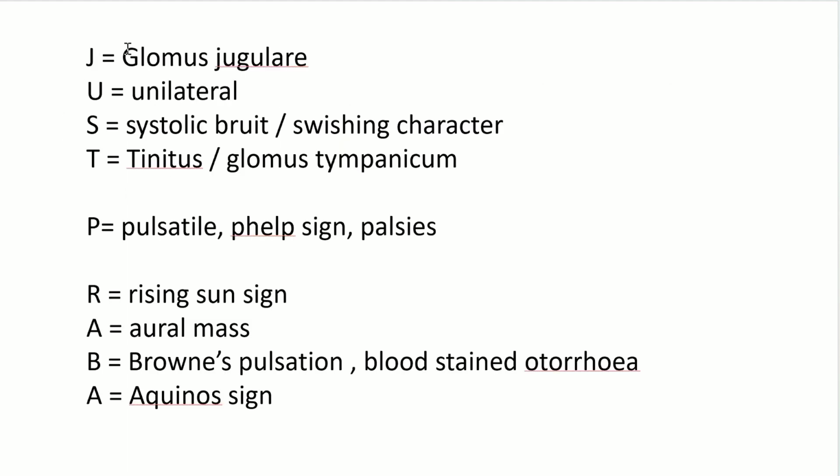Now from here we will learn about the glomus tumor. The J of "just" stands for glomus jugulare. The glomus tumor has two types: glomus jugulare and glomus tympanicum.